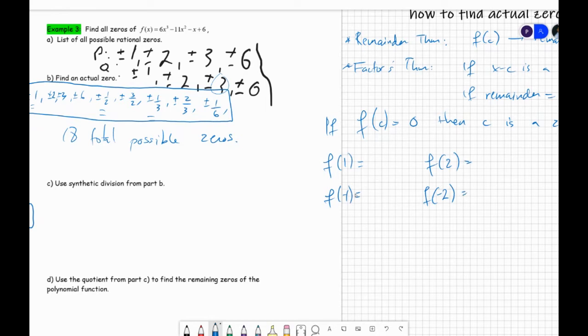So I want you to plug in 1 and -1 into my function, and then we'll see if it equals 0 or not. Write down the number when you're ready.